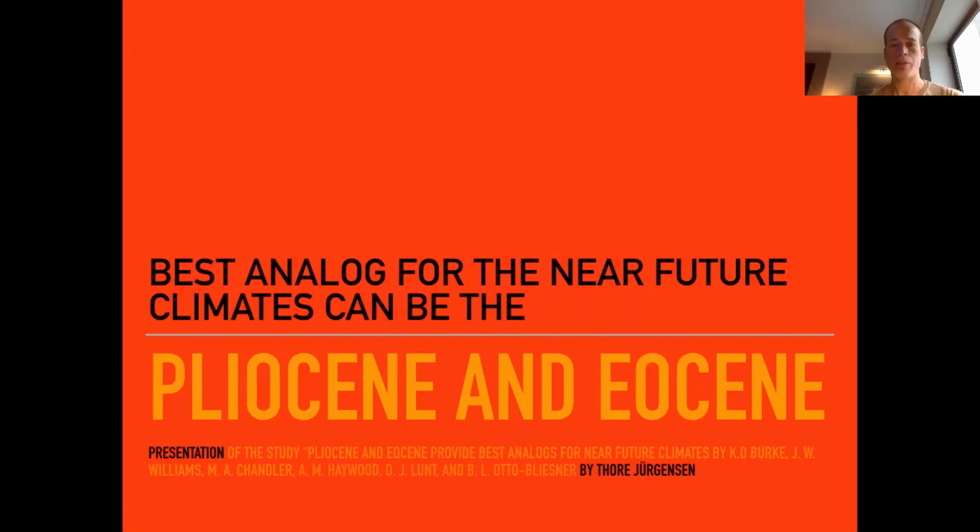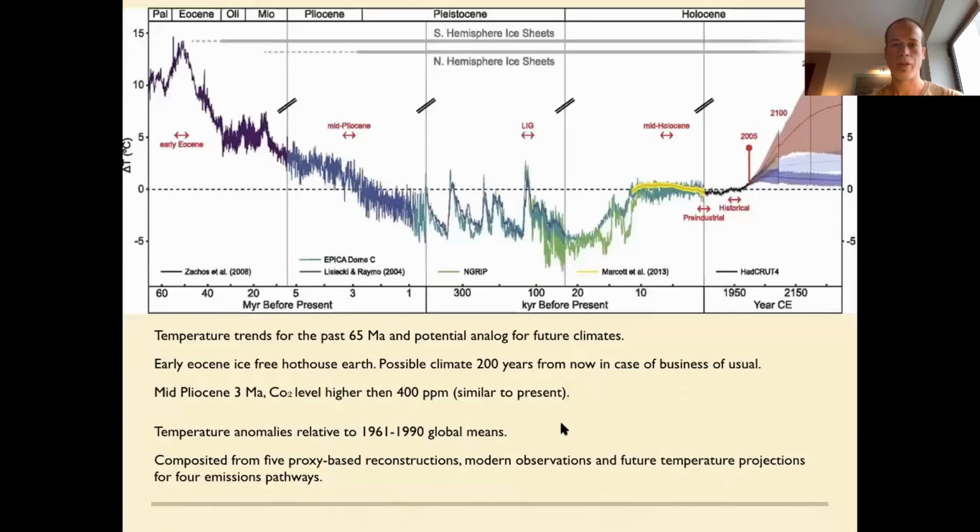In my presentation, I'm discussing the study, the Pliocene and Eocene, providing the best analogs for near future climates. Okay, so let's look at the study. First we have this temperature curve.